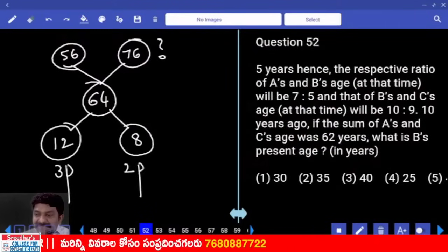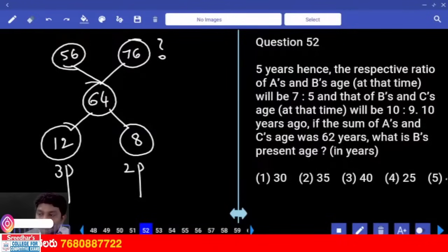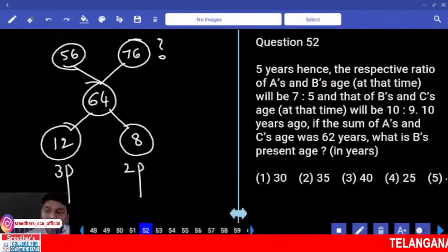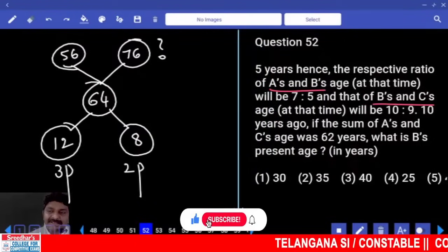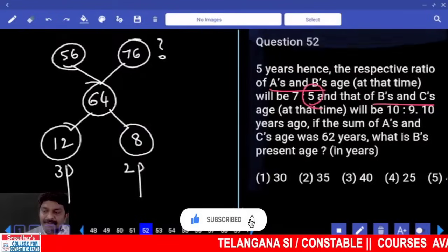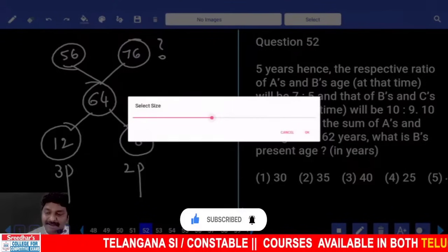5 years hence, the respective ratio of A's age and B's age at that time will be 7:5. And that of B and C's age at that time will be 10:9. Who is common? In the AB ratio and BC ratio, B is common. B in the first ratio is 5 parts. In the second ratio, they both must be the same, right?